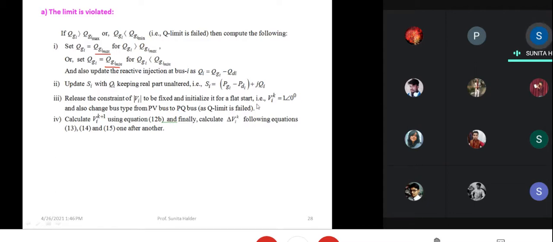Initially it was a flat start, 1 at an angle 0. It may happen for a generator that for the first 2 or 3 iterations the generation limit is maintained, and at the 4th iteration you see that the Q limit is not maintained.